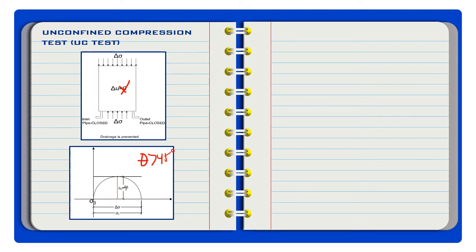So, ibig sabihin, may chance na lumiko itong radius papunta dun sa angle of failure plane na magko-correspond dun sa theta and the shear stresses at failure. So, yun yung mangyayari on the unconfined compression test.